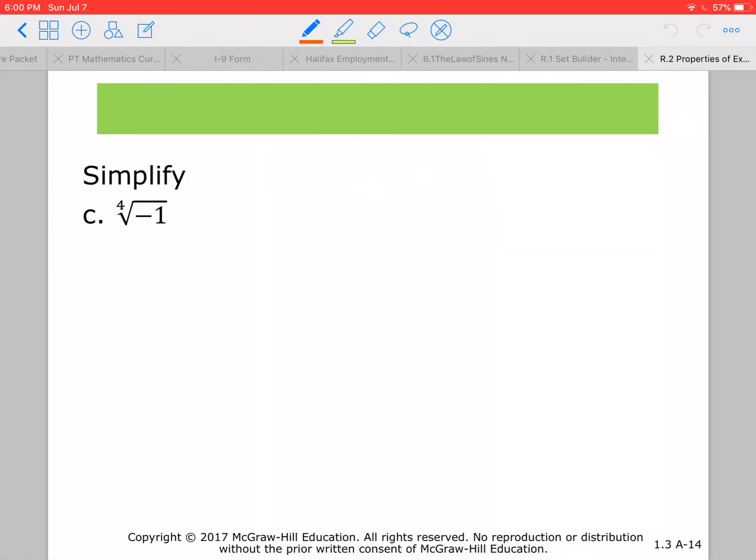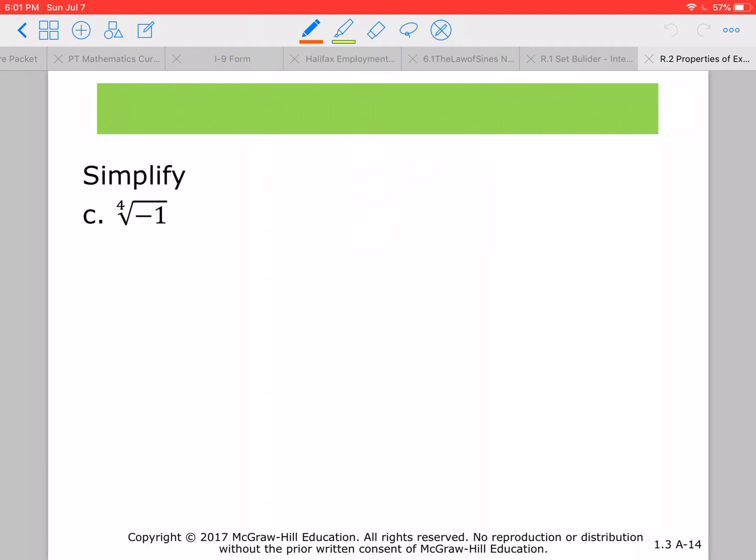Okay, I thought we said we can't have a negative. So, let's see. Since it's a 4th root, yeah, there's nothing we can do with this at this point.